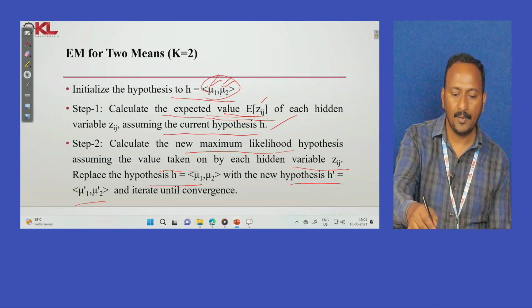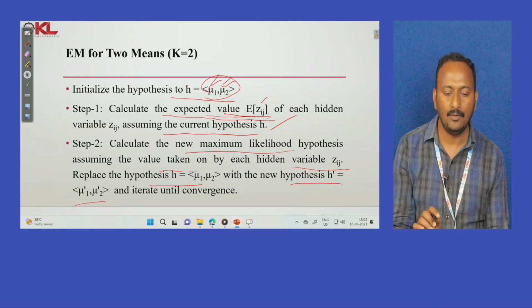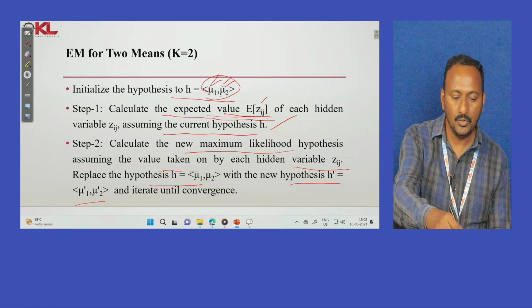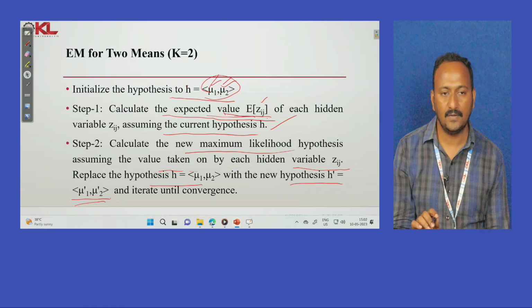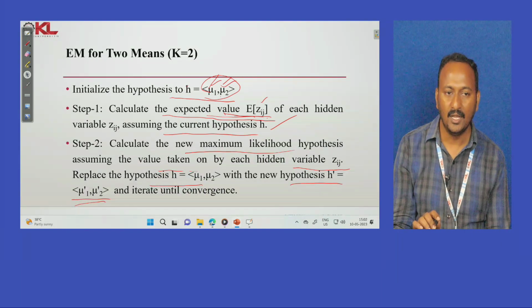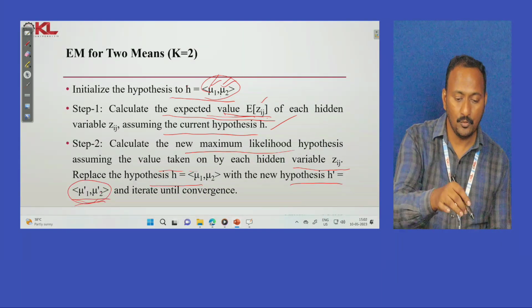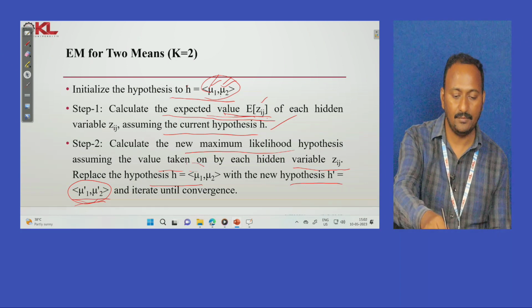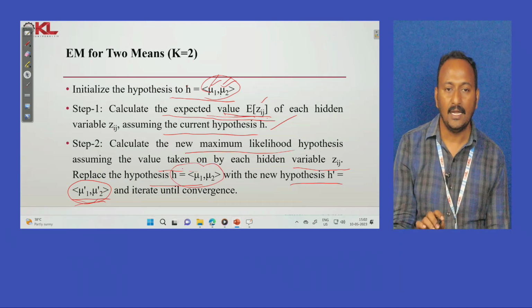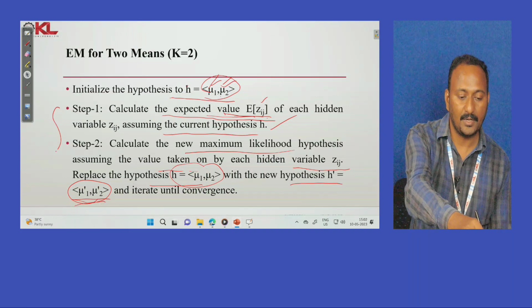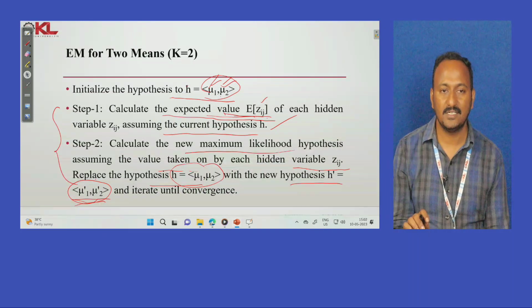It means that with the help of the estimated values, we calculate the new mean values for each Gaussian distribution. After finding these new mean values, we replace the old hypothesis with them, and these two steps are repeated until convergence occurs.